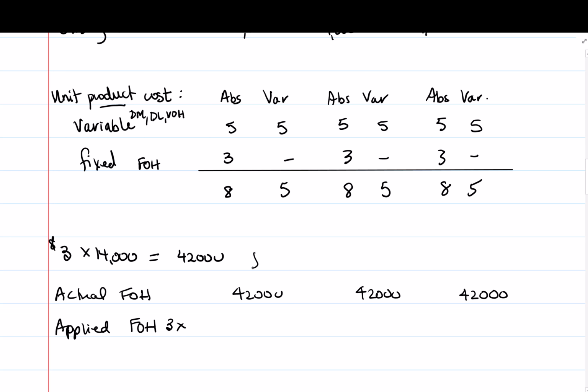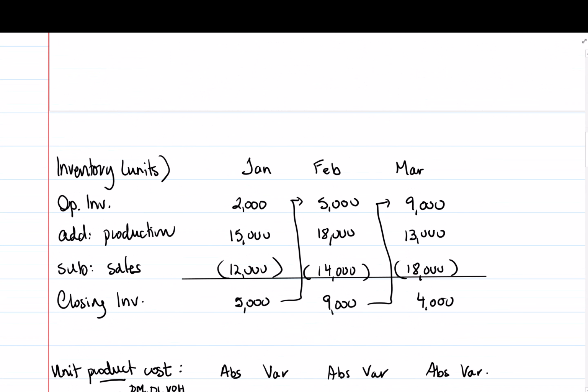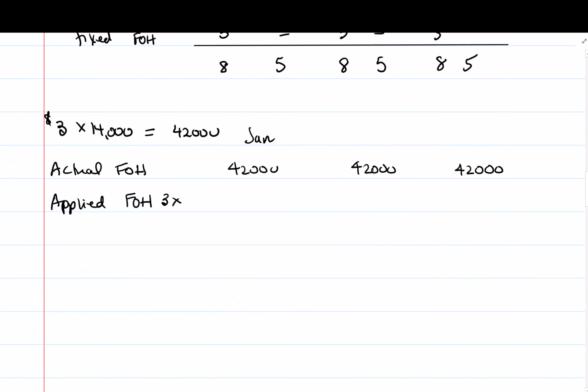In January, we produced 15,000 units, February is 18,000, and March is 13,000. So for applied overhead for January, you're looking at 45,000. For February, it's 18,000 units, so therefore 54,000. And applied overhead for March is 13,000 times the 3.